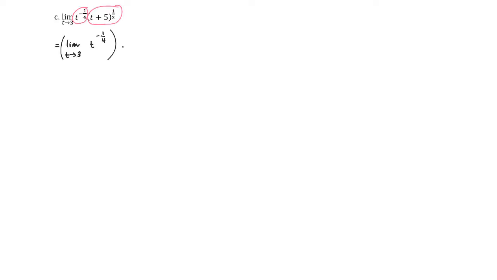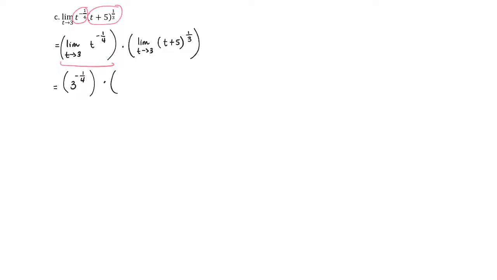And then over here, times the limit as t approaches 3 of t plus 5 to the 1/3. So this is the other one. This first limit right here, we can already evaluate. This will be equal to 3 to the negative 1/4. So that's the first limit, nice and simple.